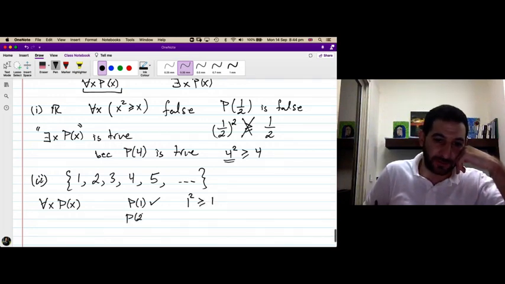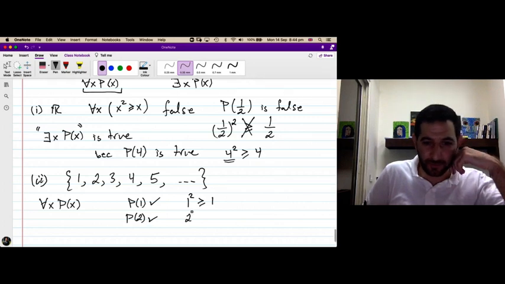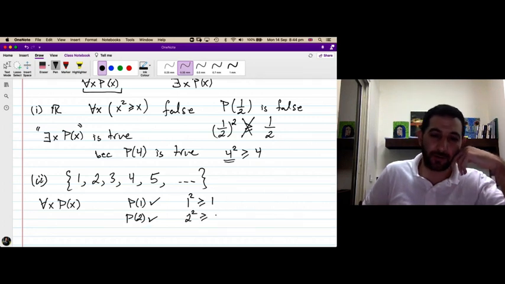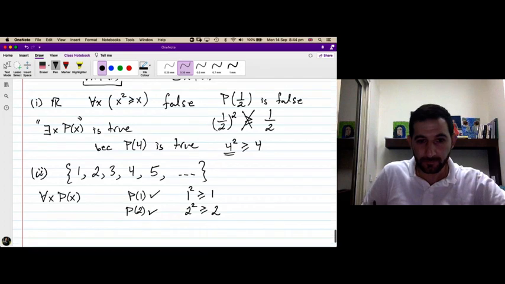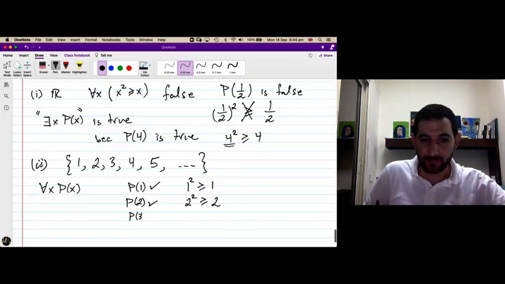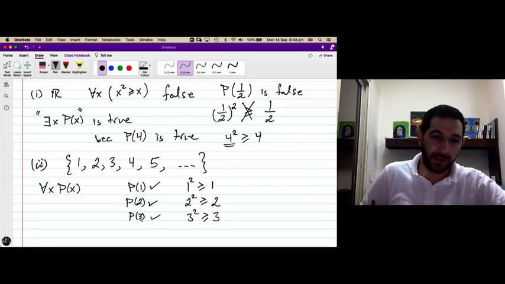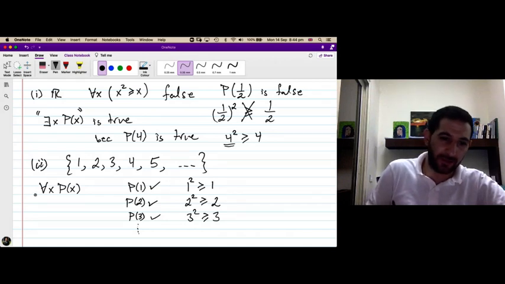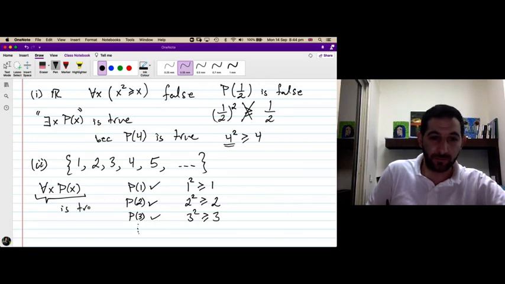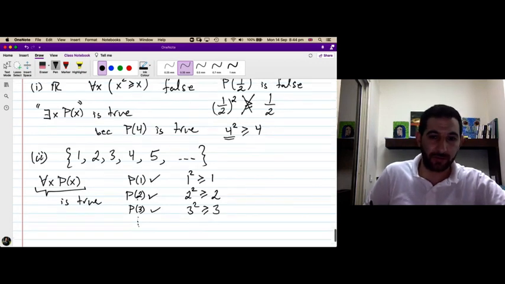P of 2 is true because 2 squared, which is 4, is bigger than or equal to 2. P of 3 is true because again 3 squared, which is 9, is bigger than or equal to 3. You can check that every single element in our domain has property P, and this means that for all x, P of x is true.